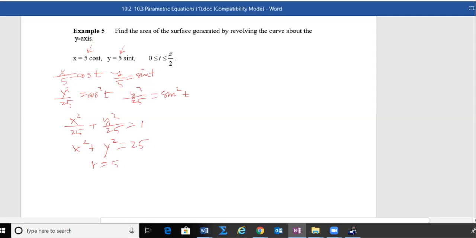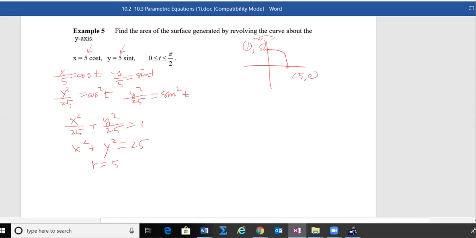Okay, now it might not be an entire circle because this only goes to pi over 2. What that means is that we are going to have this quarter circle at 5. And this one over here is 5, 0. So we're doing a quarter circle now, and it's revolved about the y-axis.